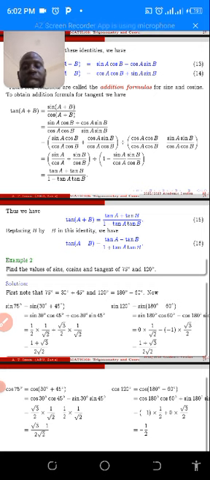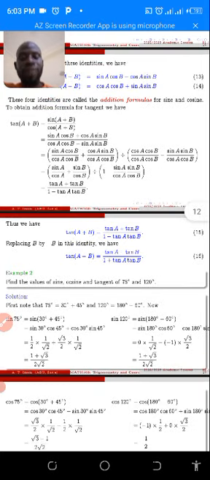We can simply replace B by minus B in this identity, and instead of tan(A plus B), you are going to have tan(A minus B), and that's going to be tan A, there's no substitution there, it remains tan A. So it's going to be minus tan B, because tan B is the same thing as sine B over cos B. Even if the cosine is retained, the sine function will still retain the negative, and that is why you have negative here.